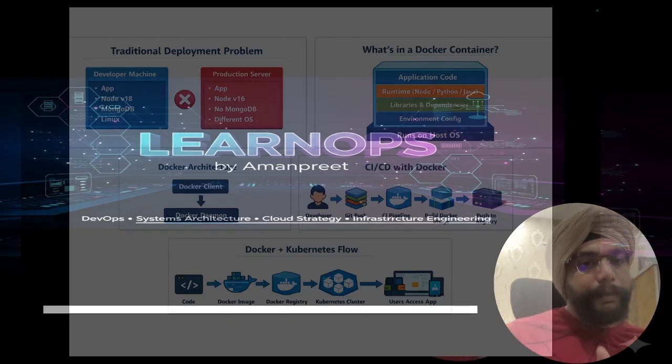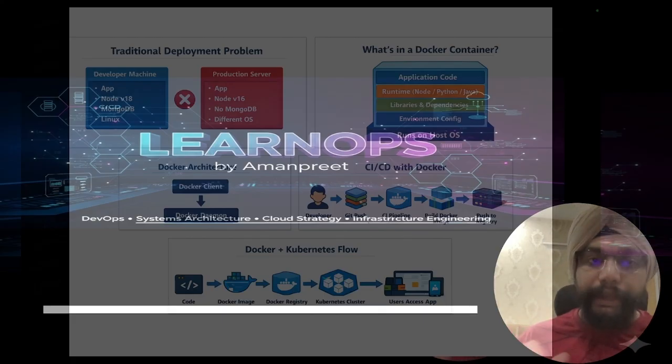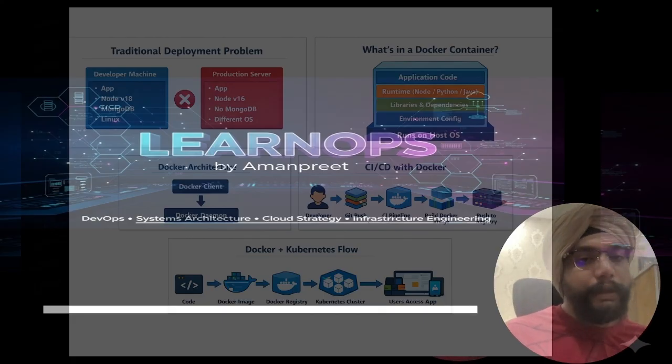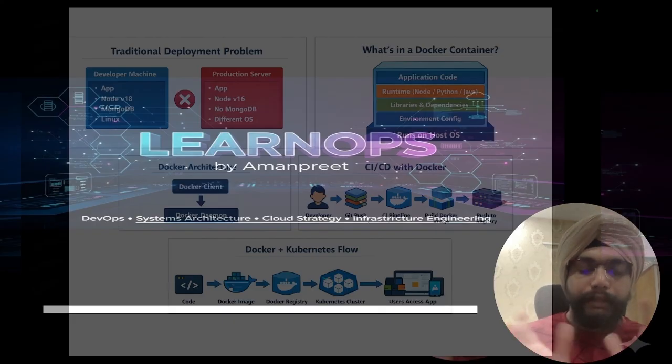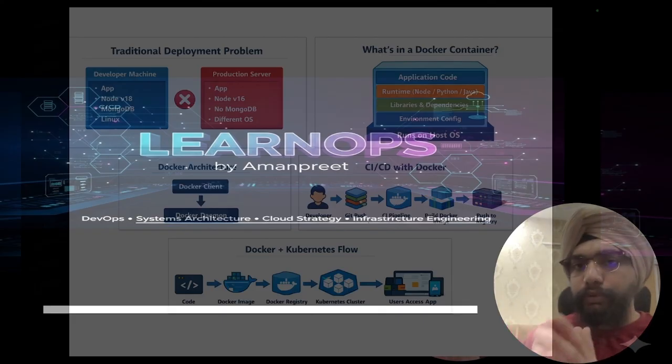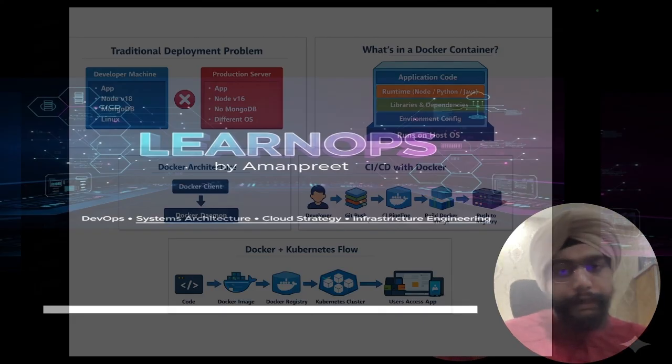Suppose you have installed some app, like a web e-commerce app, running with Node v18 and MongoDB on Linux as the operating system. And in production, you're working with a different OS. Like in the developer machine it is Red Hat 8, and in the production server it is Red Hat 9. So this is the kind of mismatch happening between the developer machine and the production machine, and that is resolved with the Docker container.